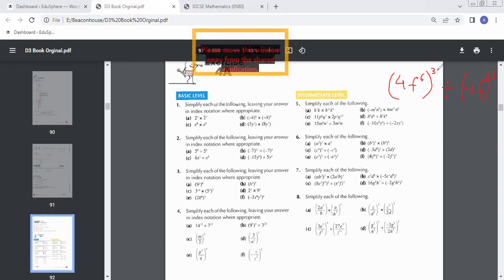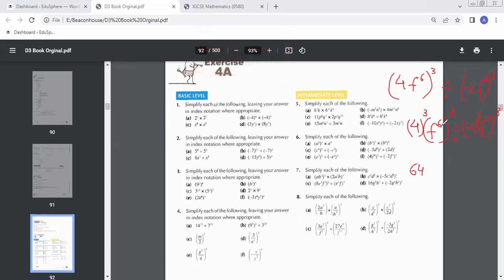Now let's apply this cube to this 4 separately. It will be 4 cube, F6 cube. So I apply this cube to both of them, and then I put the divide sign. This minus 2 is also applied this cube here, and then F cube will also be cube. So when we apply this, 4 cube is 64. F, the 6 3s are 18, so F18.